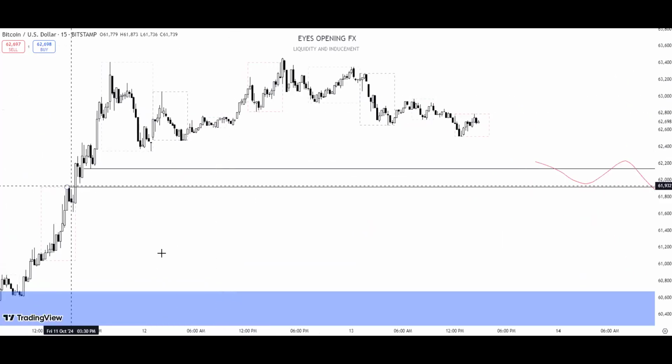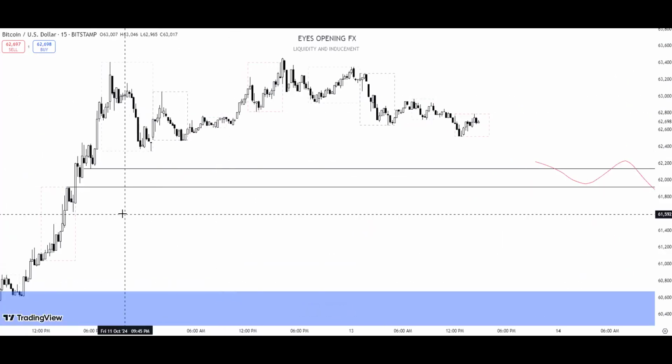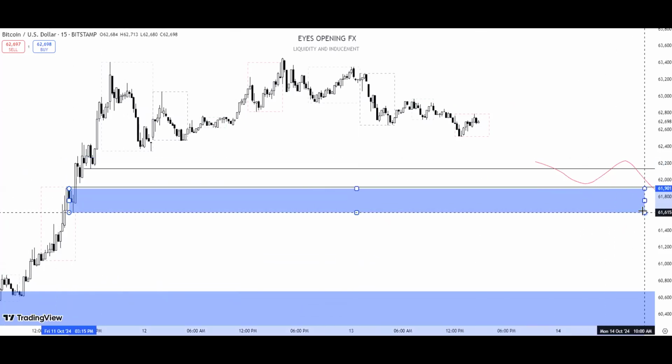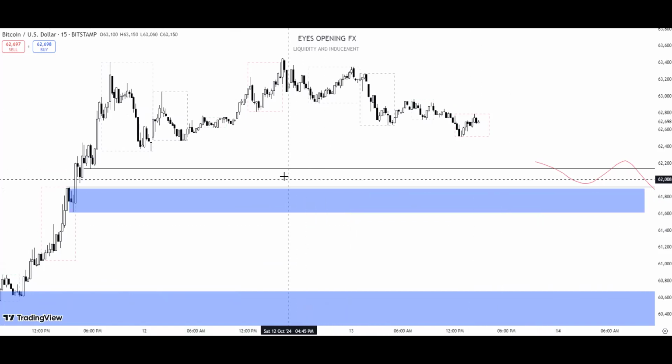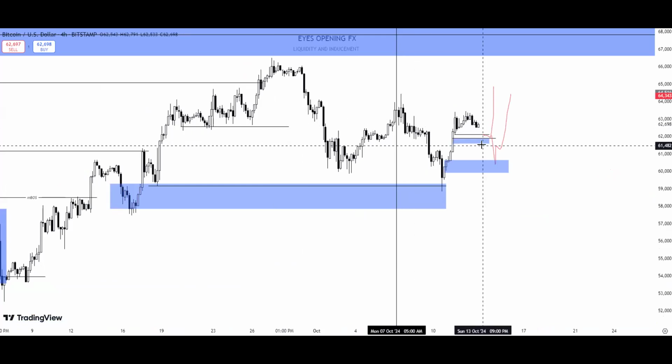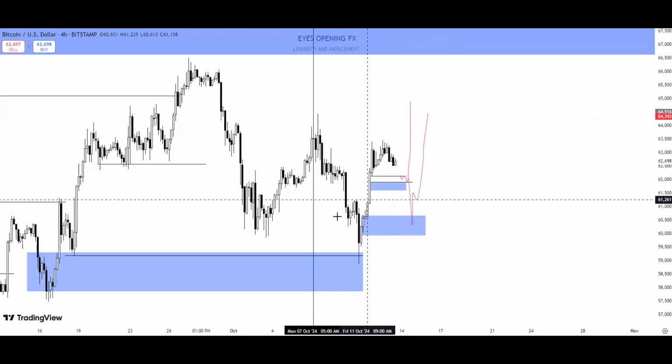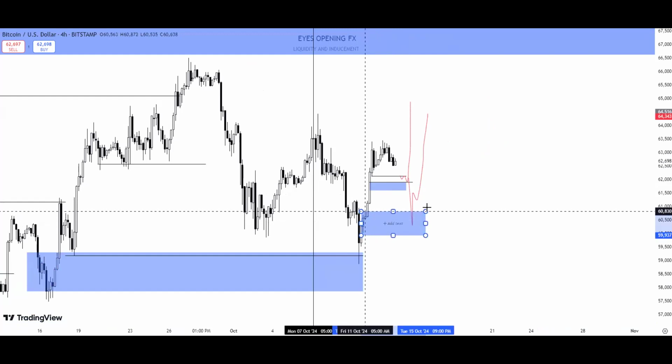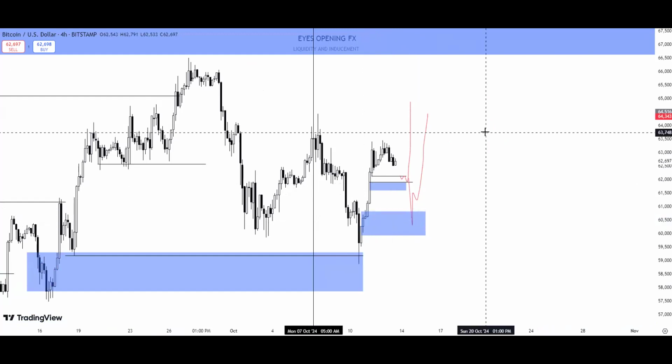On 15 minutes, when you look at it, you will see this candle right here, so you can pick it as your POI, just below the imbalance, where you likely look forward to buy programs. So these are the two areas I will expect price to buy from on BTC.